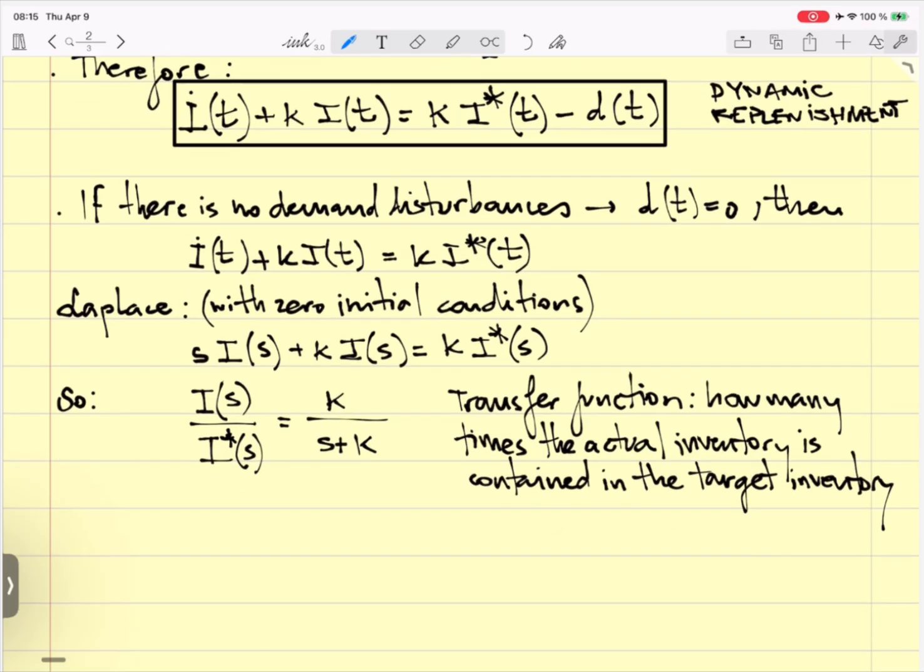So now suppose there is a step target change.